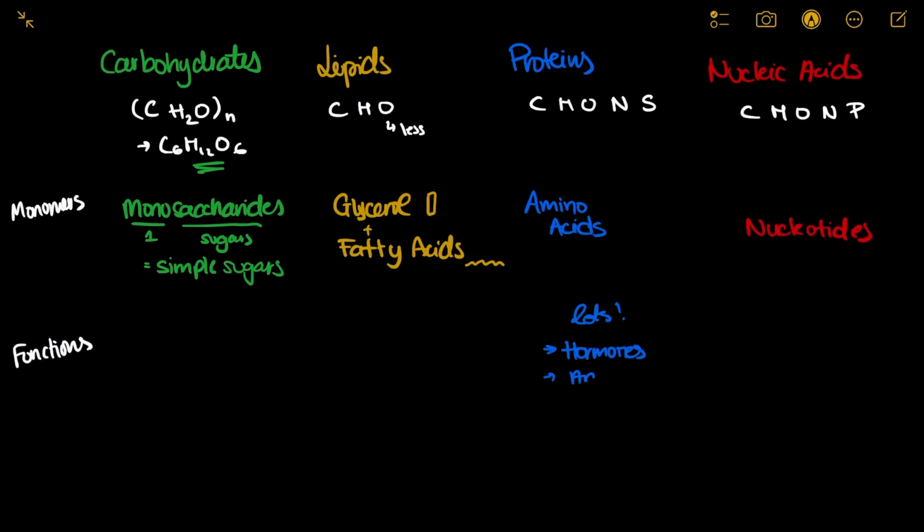Also antibodies, which are important for the immune system. Another example is enzymes, which are very important in the body because they catalyze all the reactions that happen. Proteins are also within the cell membrane as membrane proteins, which can act as channels, for example, or as receptors.